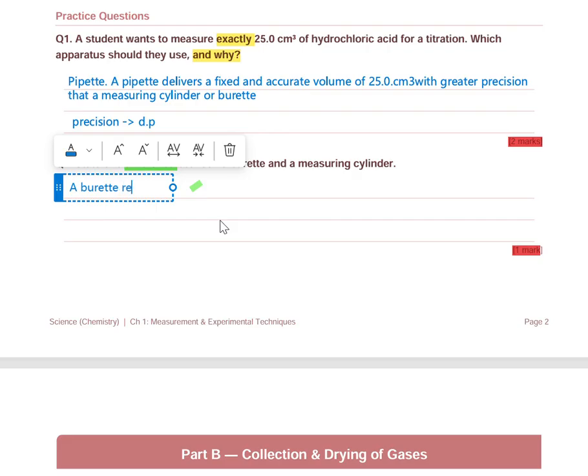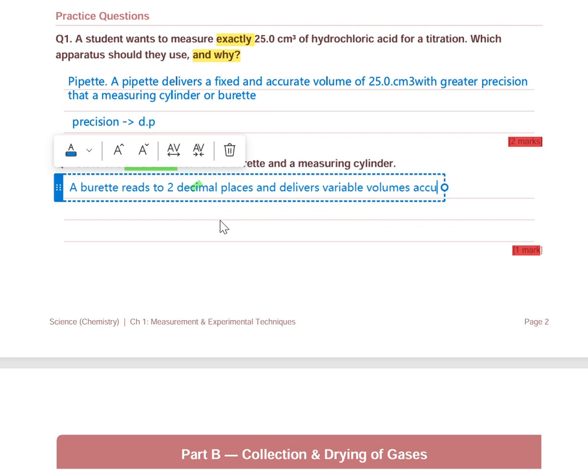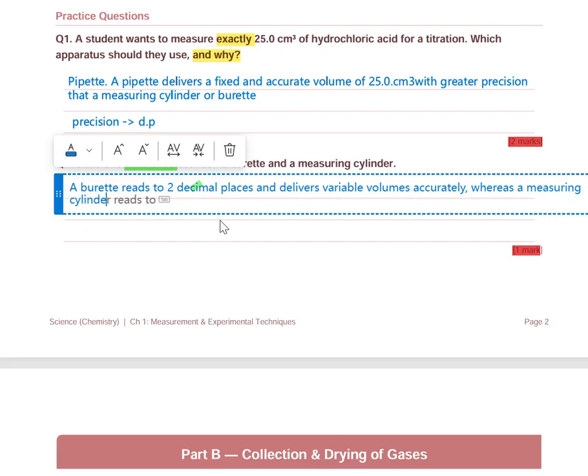A burette reads to 2 decimal places and delivers variable volumes accurately, whereas a measuring cylinder reads to only 1 decimal place and it's less.